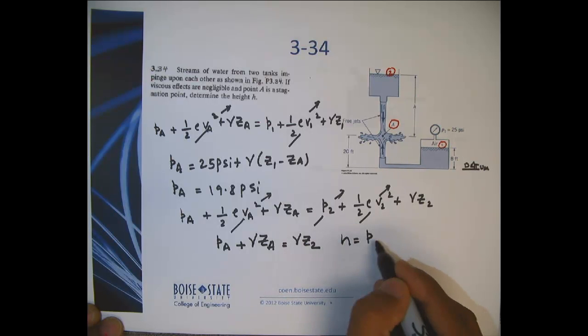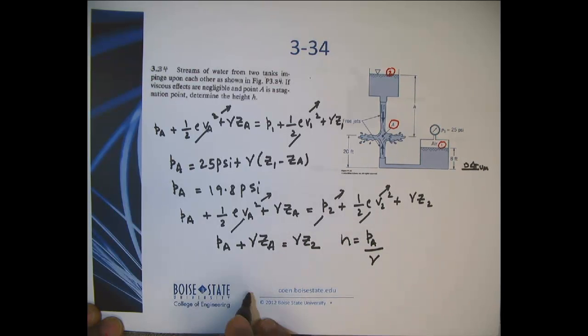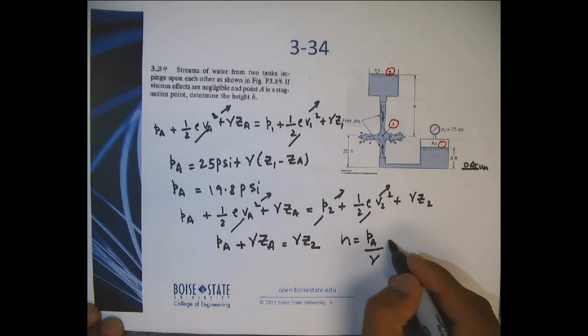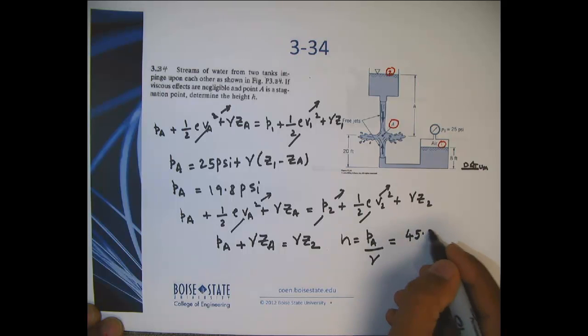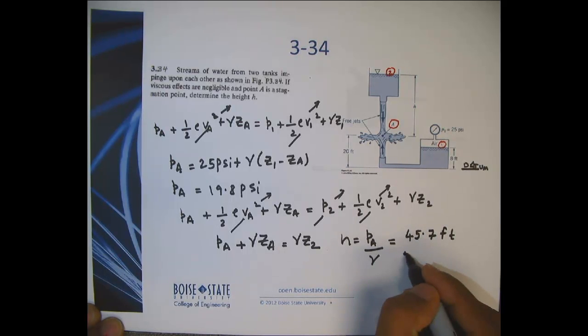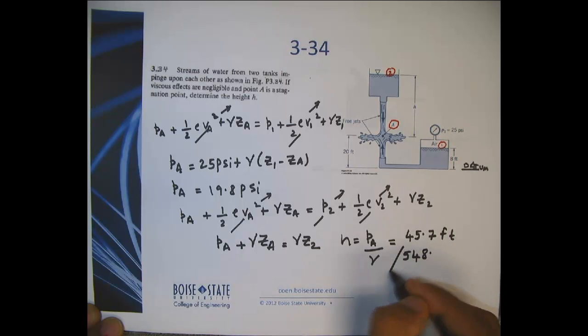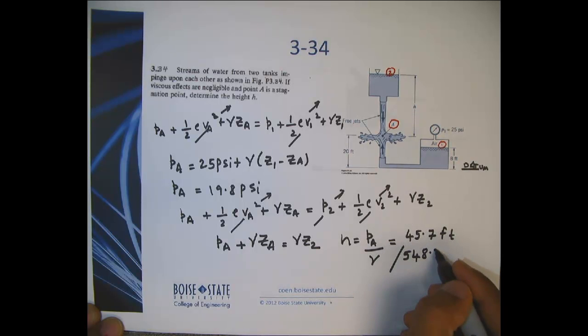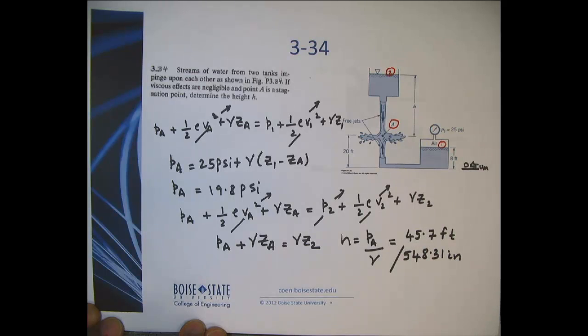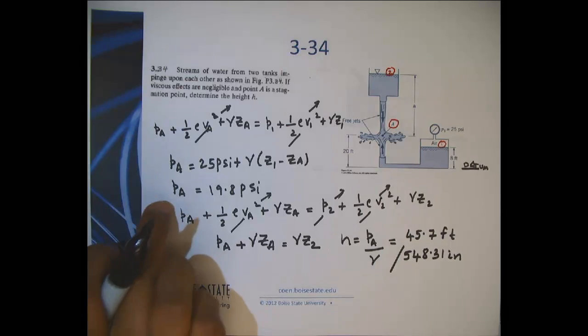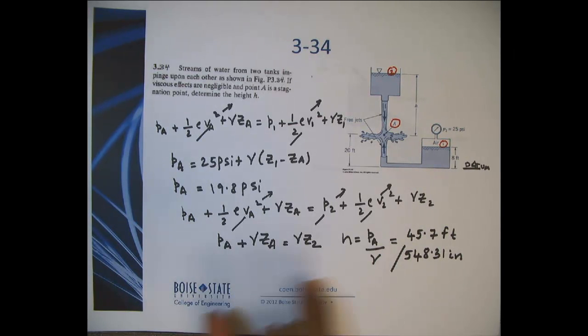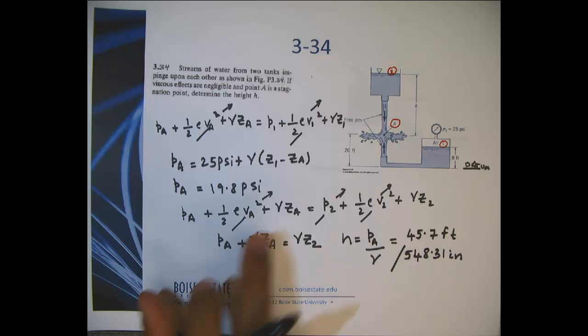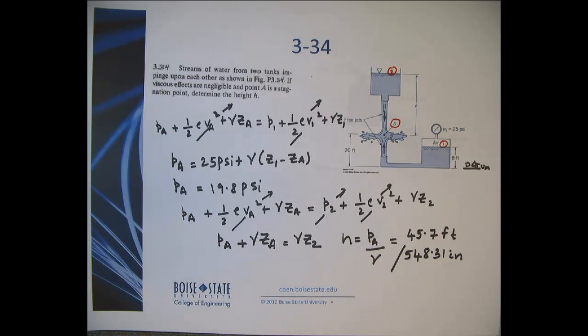The general symbolic relation you'd end up with is H equals PA over gamma, and H turns out to be 45.7 feet, or if you're interested in inches, it's 548.31 inches. You could have actually done this in a different way where you don't have to compute PA. You can write PA in terms of other variables, but this is one way to do the same problem.